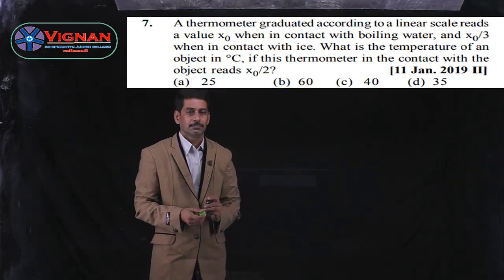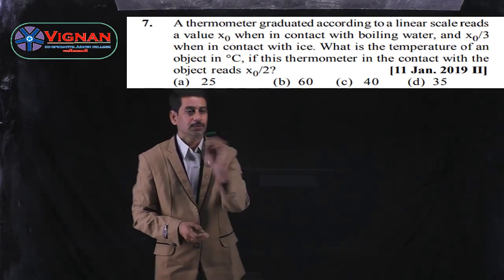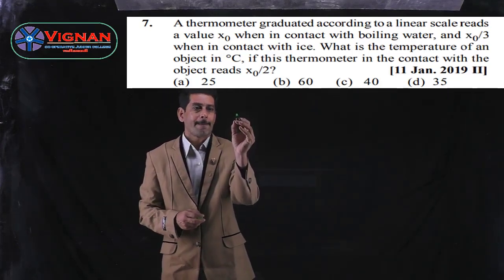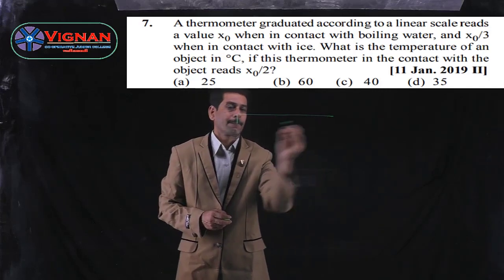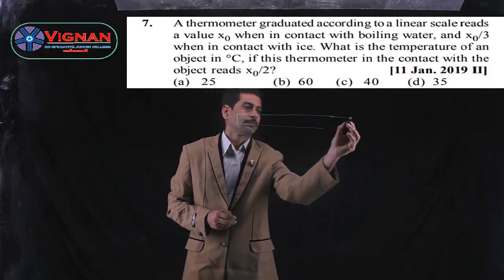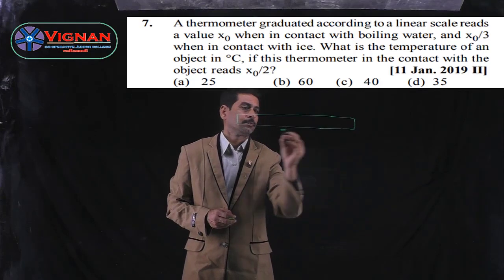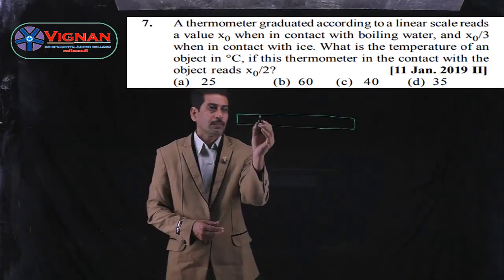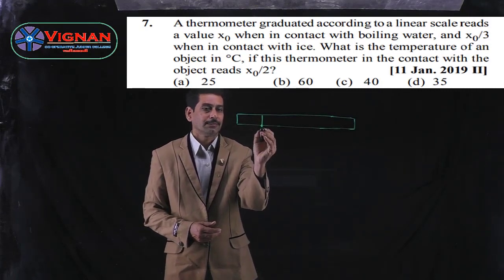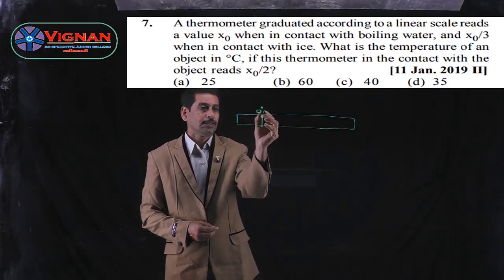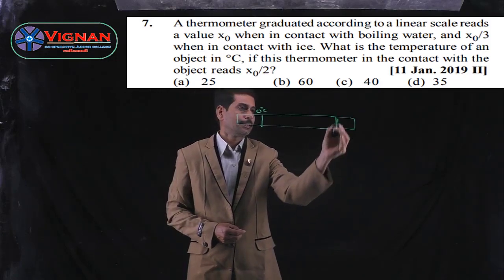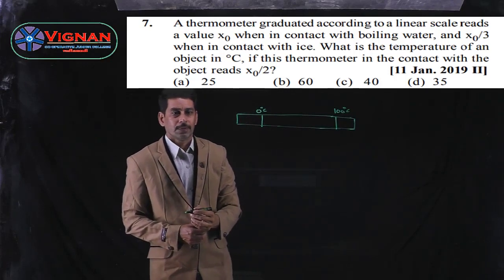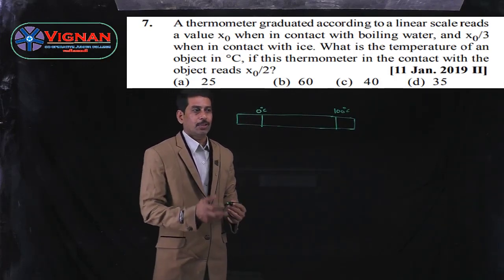Here, let us take a thermometer which ranges from 0 to 100 degrees centigrade. So let us take this as 0 degrees centigrade and this as 100 degrees centigrade. x0 in contact with boiling water.